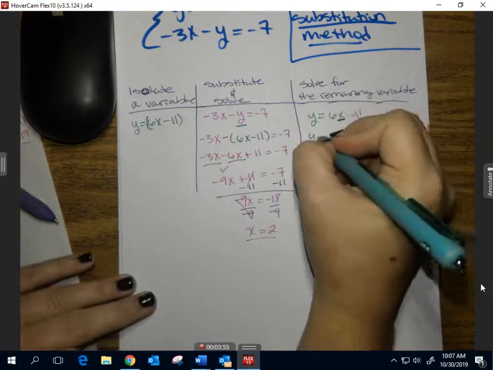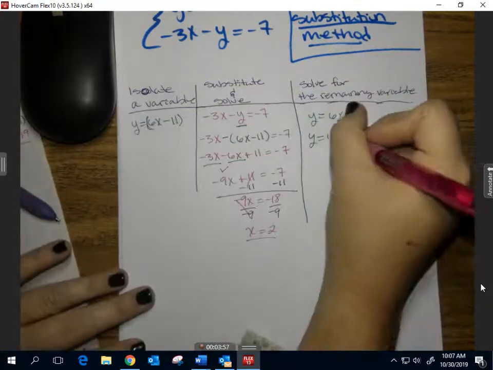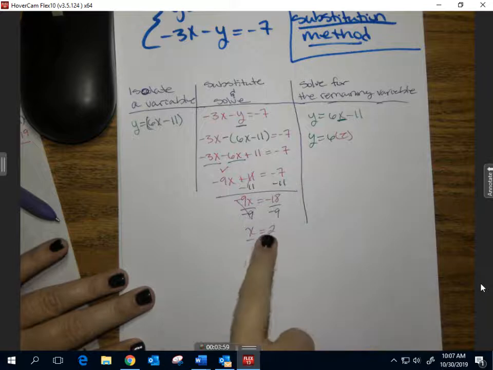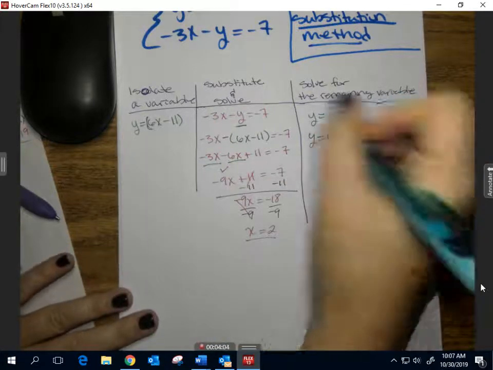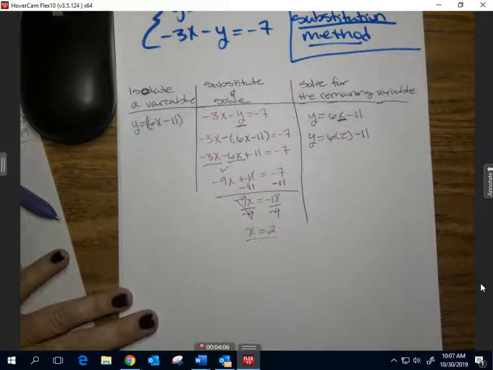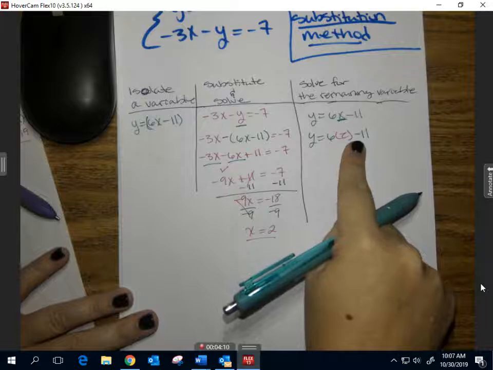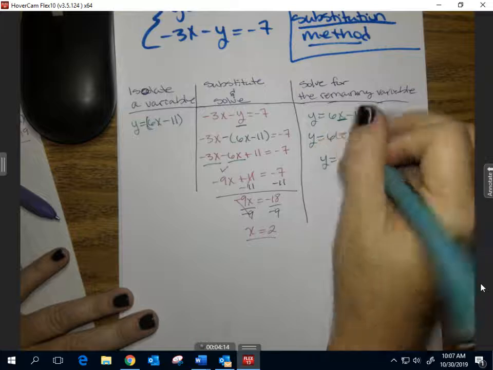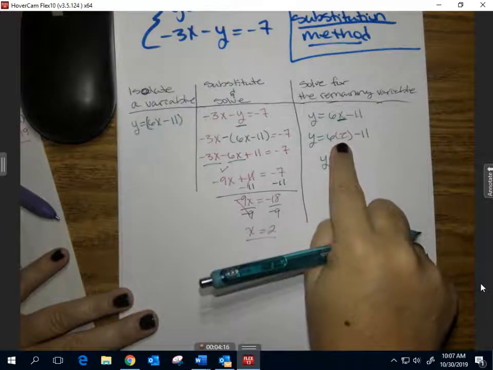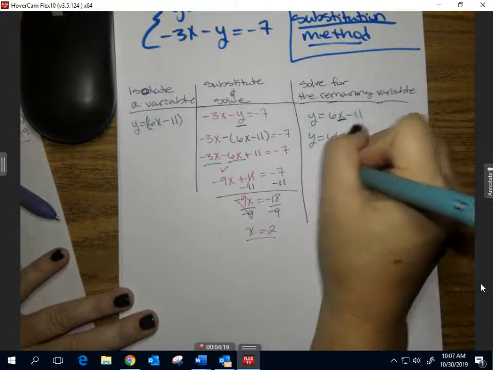So it's going to be y equals 6, and instead of x, it's going to be 2, since that's what I found out here, minus 11. At this point, if your math is not all up to par, just type this in the calculator as is, okay? And then it will give me y equals 6 times 2 is 12. 12 minus 11 is 1.